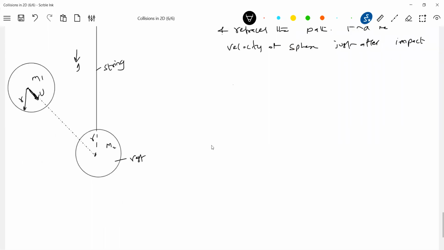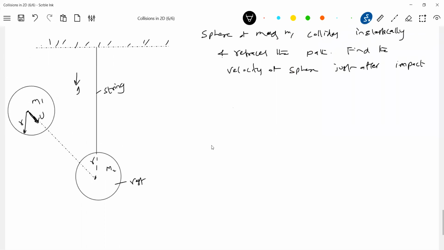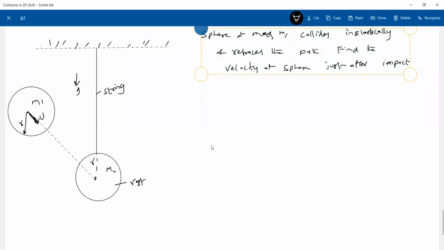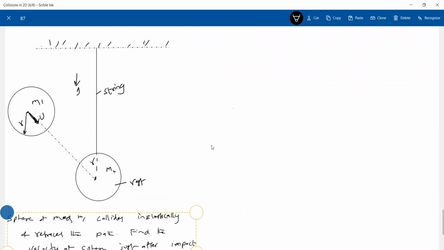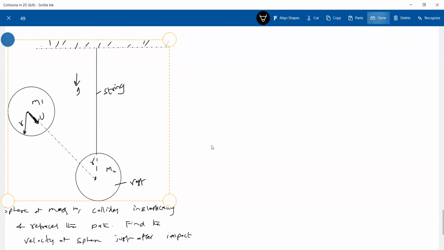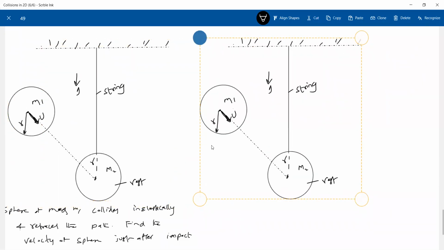As usual, you should identify where the line of impact is. I'll proceed with the diagram.